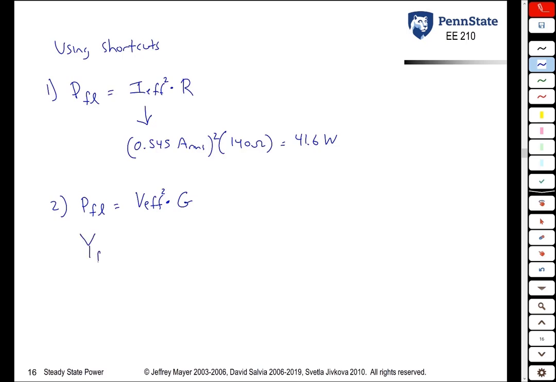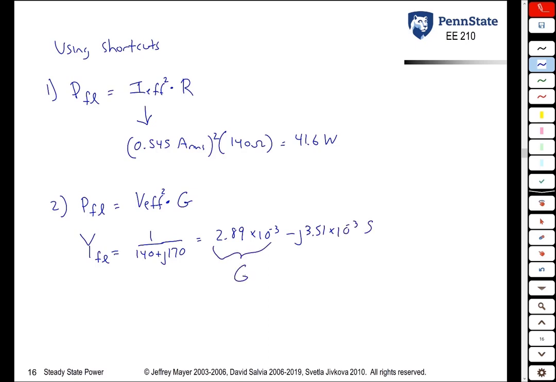The admittance Y for the fluorescent load is 1 over 140 plus J170. The admittance is a reciprocal of the impedance, and this becomes 2.89 times 10 to the minus 3 minus J 3.51 times 10 to the minus 3 Siemens.